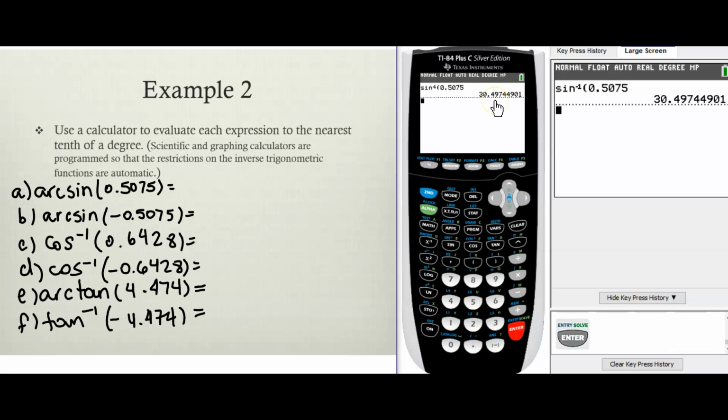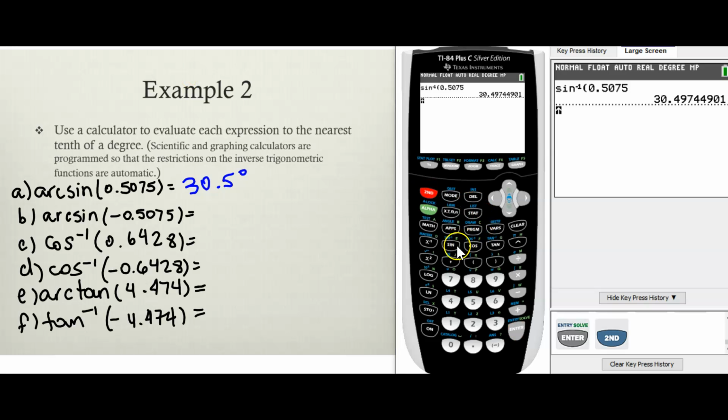Enter. Let's round to tenth. So we get 30.5 degrees.